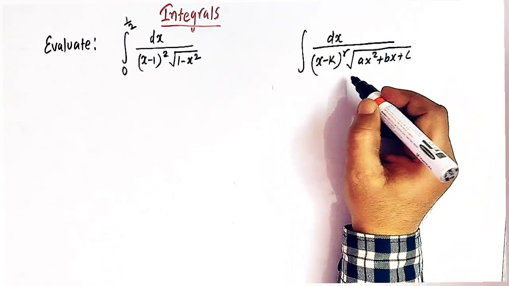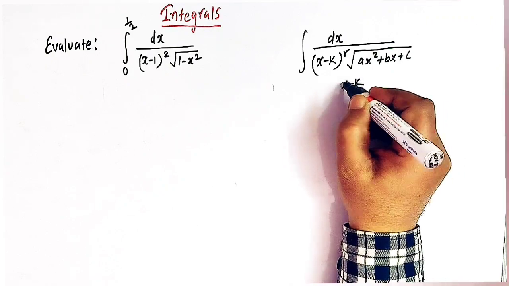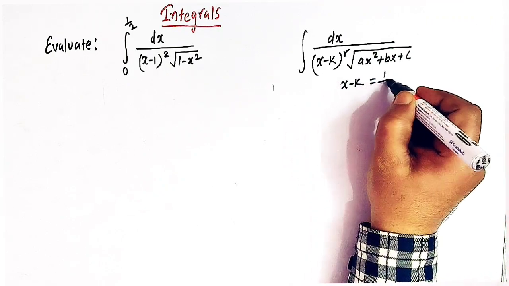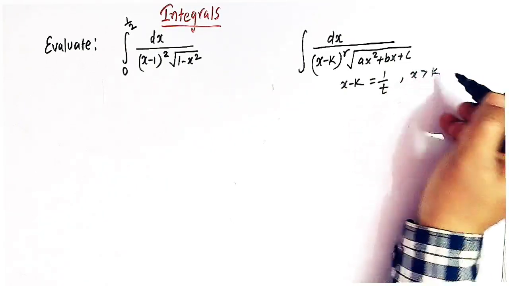Here we take x minus k equal to 1 over t whenever x is greater than k.